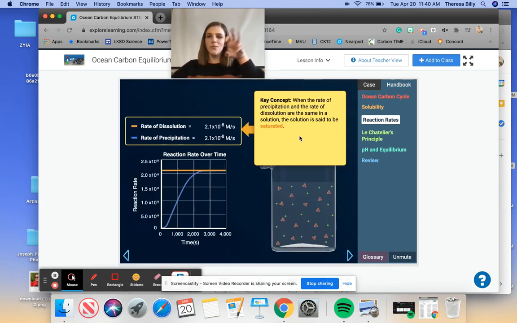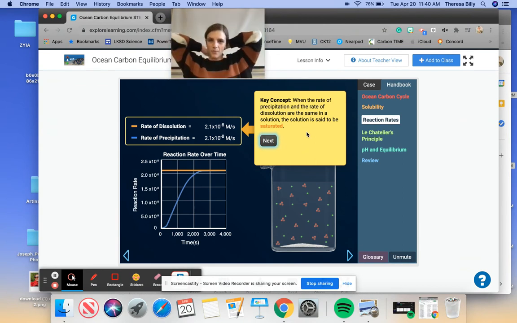This one I'm going to just kind of breeze over. We're not going to really focus on this part, but when the rate of precipitation and the rate of dissolution are the same, then we say the solution is saturated, which means we can't fit any more ions in the solution. There's just no space for it.